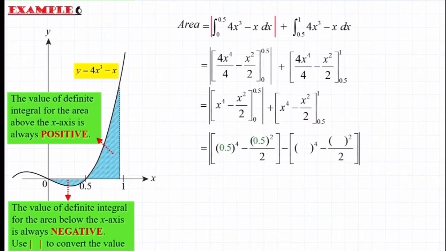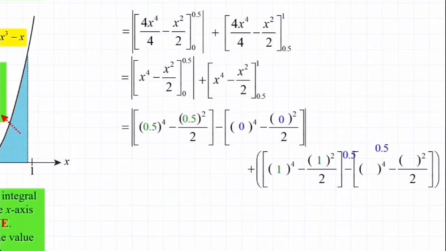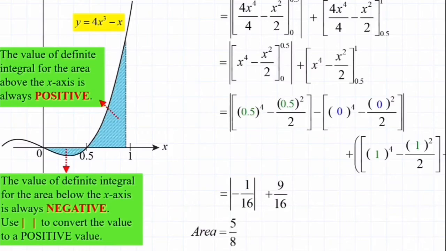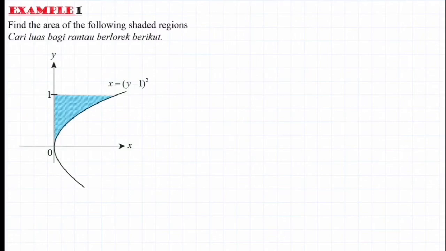Okay, substitute the upper limit 0.5 minus 0. And then for the second one we will substitute the 1 followed by 0.5. Okay, then we will solve it carefully to get the answer. So after you complete everything, you have to add the areas.